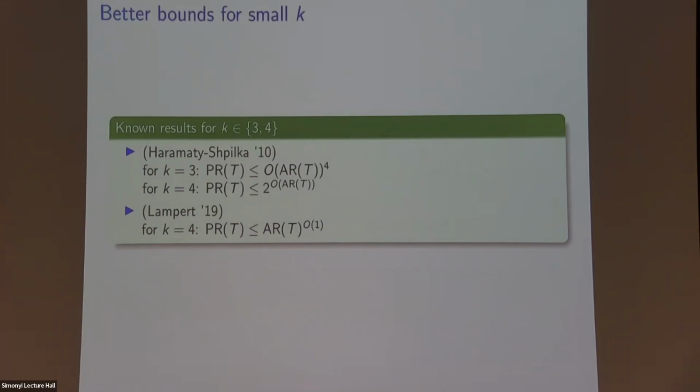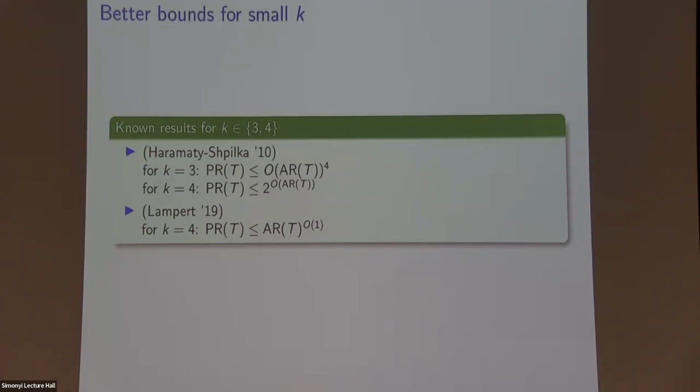Actually for k equals 3 and even 4, there were specific works that dealt with those cases, and they proved much better bounds. As you can see, for 3 and 4, some ad hoc analysis gives you a polynomial bound.